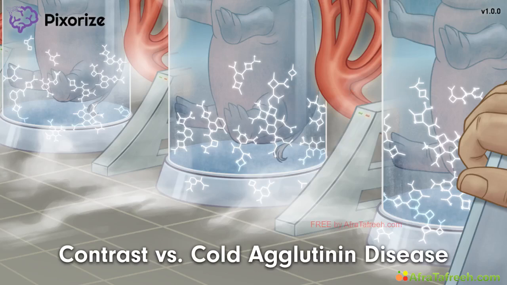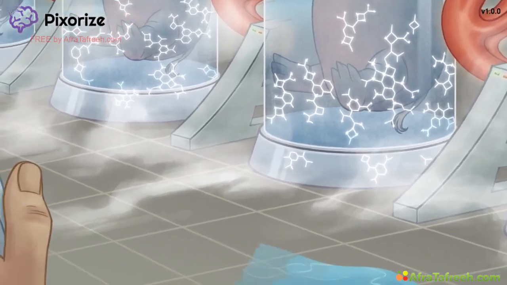The complement system is activated, and the RBCs ultimately lyse. In summary, cryoglobulins bind to other immunoglobulins, which clump together and deposit as immune complexes. In contrast, cold agglutinins bind to RBCs, which clump together and lead to hemolysis.